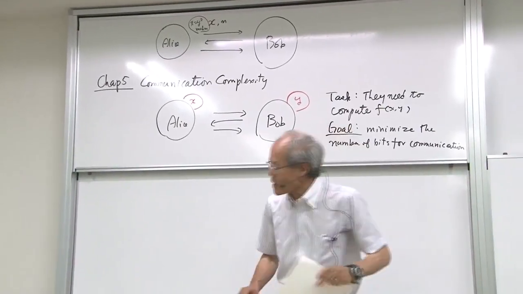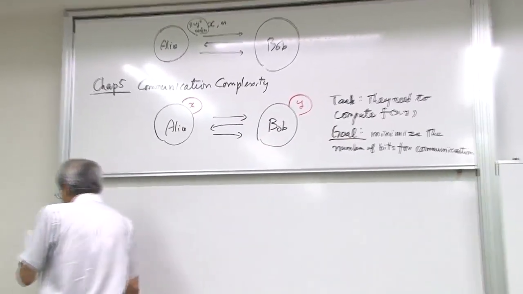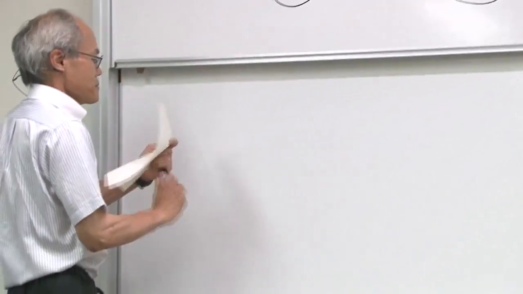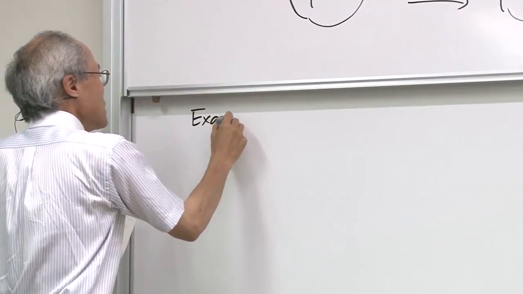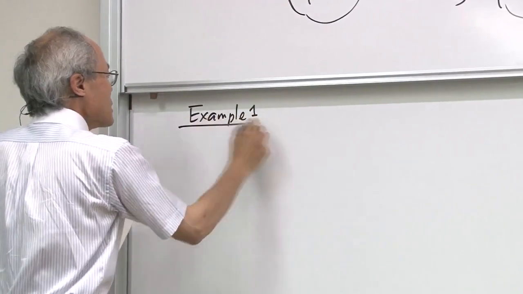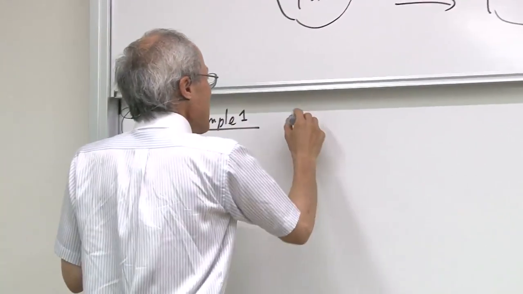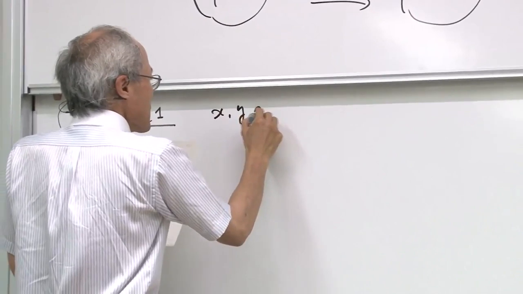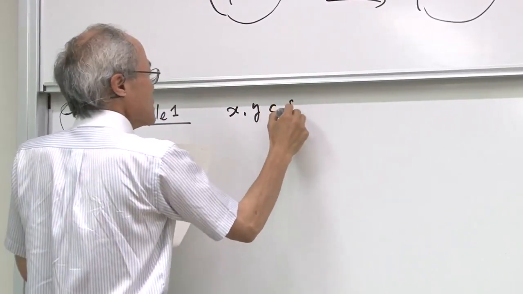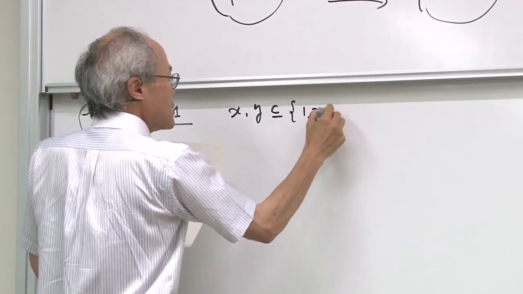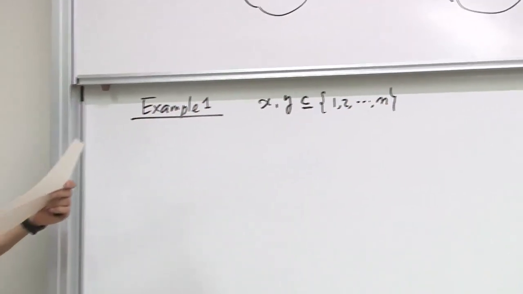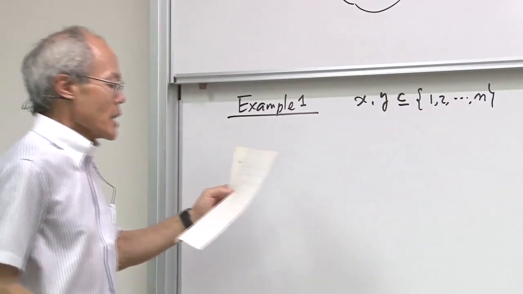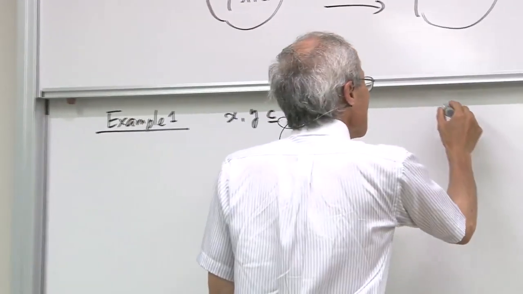Let's quickly go to an example because it's easy to understand the problem. Example 1. x and y are subsets of 1 through n.